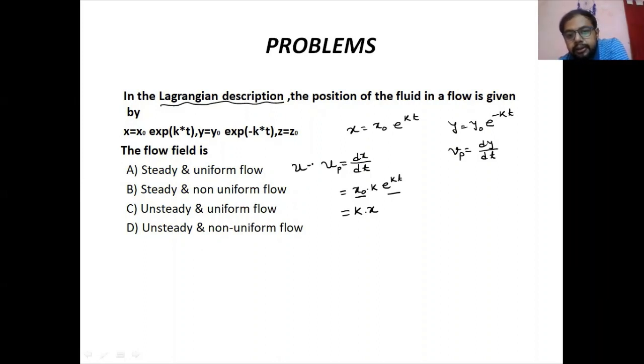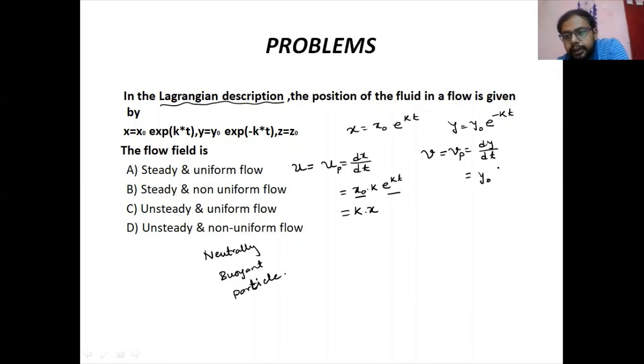You have to state that it is a neutrally buoyant particle, so the density is the same. In that case, the velocity of the flow and the velocity of the particle are the same.